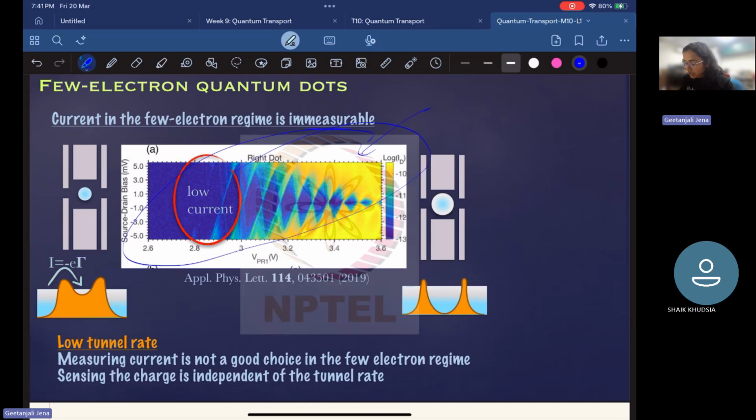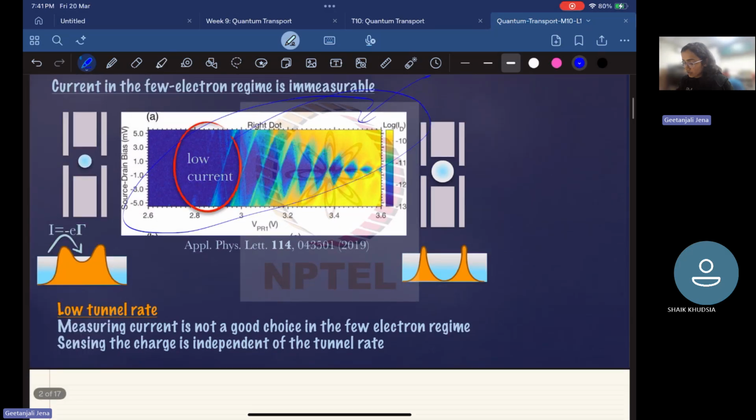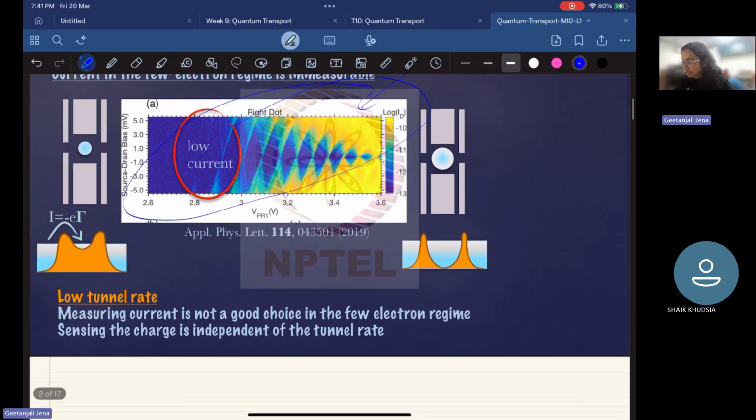This is one of the typical charge stability diagrams of a quantum dot system, which we have seen earlier. These are the Coulomb blockade regions, which are gradually increasing. Then we are not able to see the Coulomb blockade in this low current region.